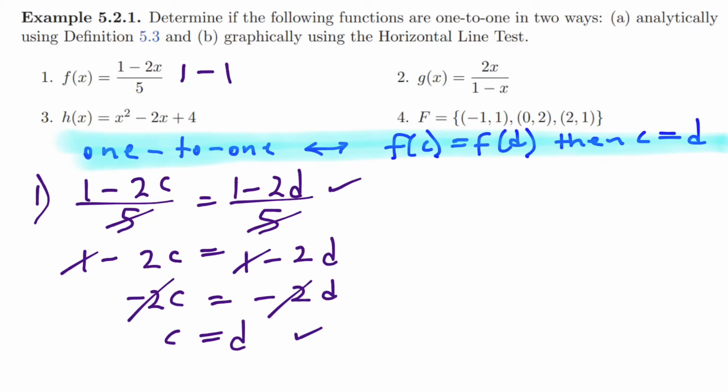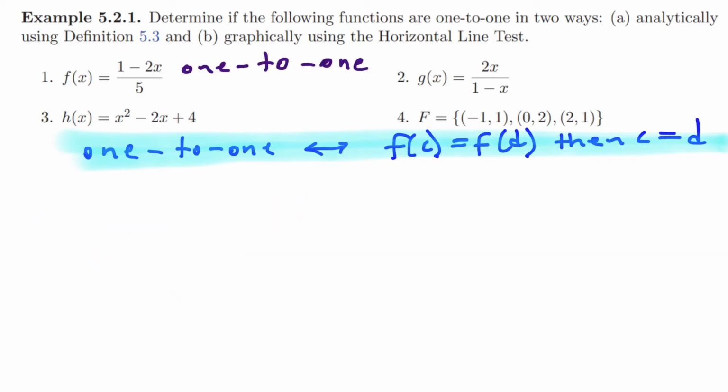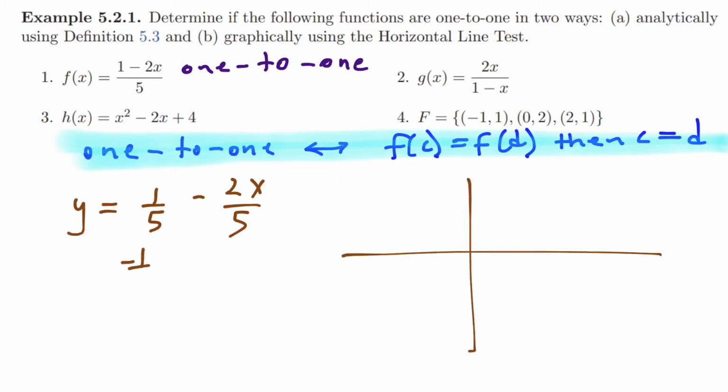All right, now on a graph, this function is going to look like a line, because if I say y is equal to, if I put the 5 under the 1 and the 5 under the negative 2x, I can see that this is a line with a slope of negative 2/5 x and a y-intercept of 1/5.